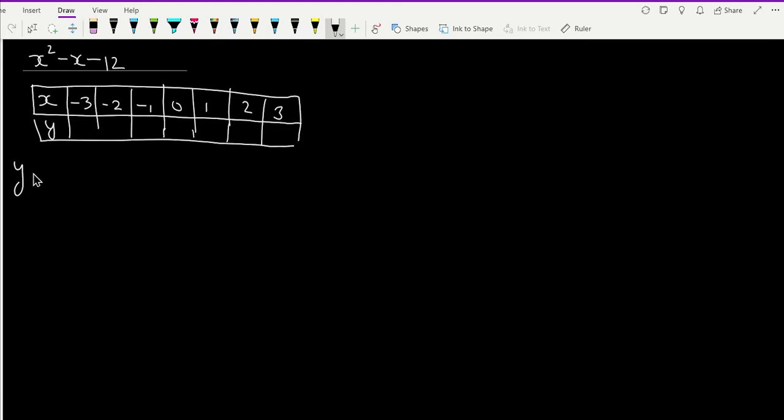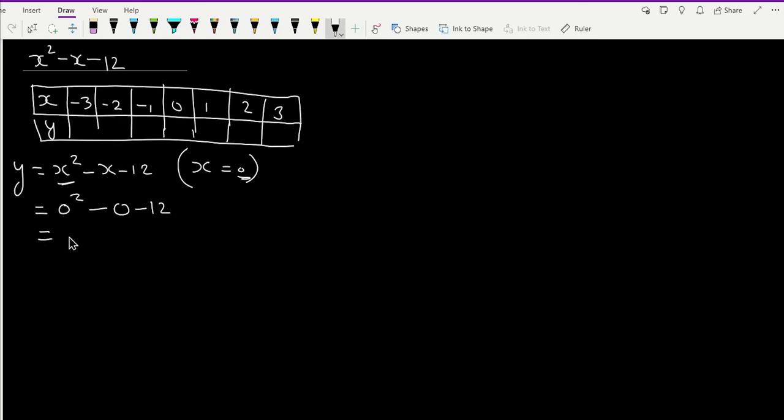So y value will be like this. y is equal to x square minus x minus 12. Here I am taking x is equal to 0. So what I have to do? I have to substitute the value of x, that is 0, wherever x is there. So I will be substituting 0 square minus 0 minus 12.